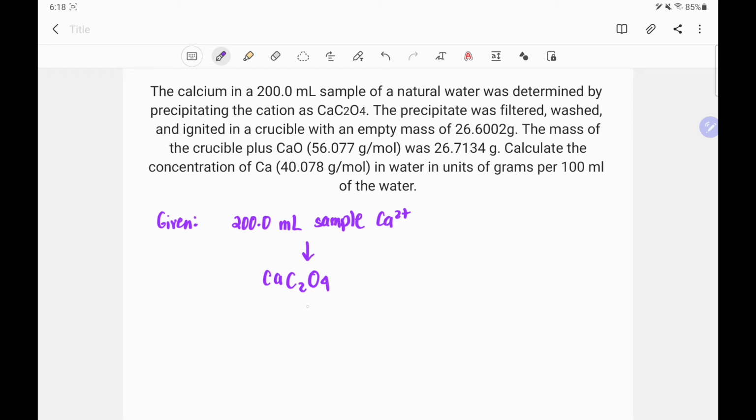We know that it was burned or ignited in a crucible weighing 26.6002 grams, yielding a final mass of 26.7134 grams of crucible and calcium oxide.